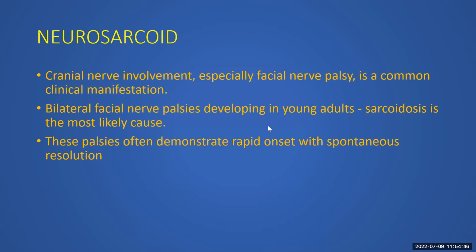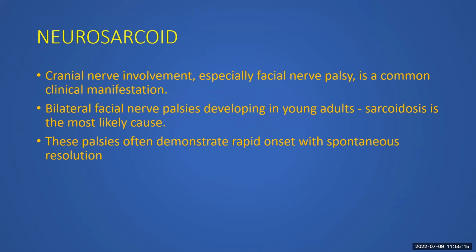Neurosarcoid, again, not a common entity, but there are certain characteristics of involvement. If you know a patient with significant leptomeningeal thickening and some nerve palsies, commonly facial nerve. Facial nerve is the most common nerve involved in neurosarcoid. These nerve palsies usually show rapid onset, but will resolve with treatment.